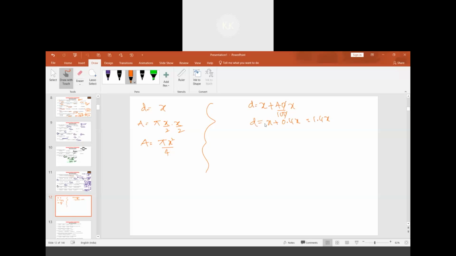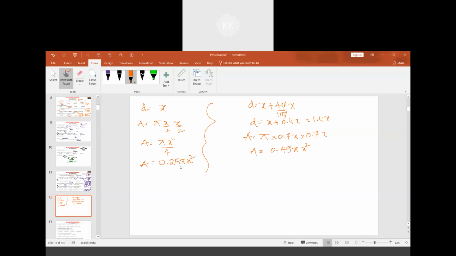This is the new diameter. So area will be pi r square, where radius is 0.7. Area will become 22 by 7 into 0.49, that is pi into 0.49 x square. What is 1 by 4 here? 0.25 pi x square.